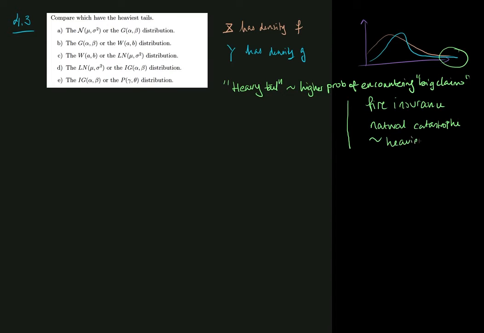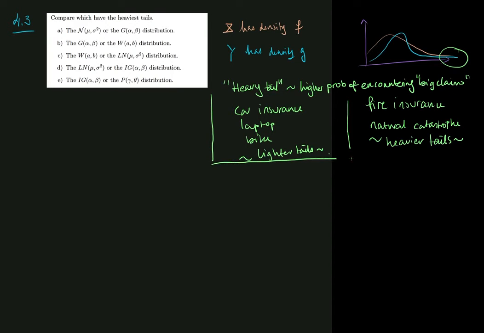The damages from these kinds of things we usually model with heavier tailed distributions, whereas damages from car insurance, or the insurance you place on your laptop or your bike, are modeled with distributions that have relatively lighter tails. The cool thing is that we're actually able to show for general families of distributions which family has a lighter or heavier tail compared to other families of distributions. And that is what we will be showing in this exercise.